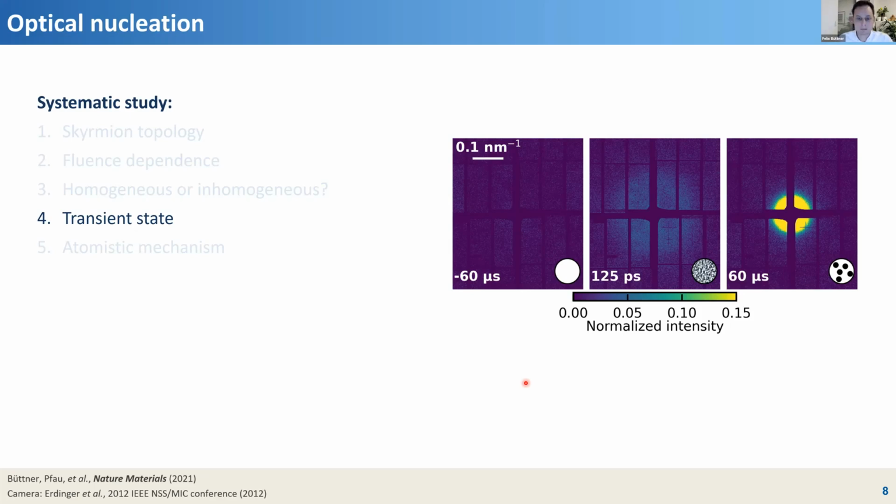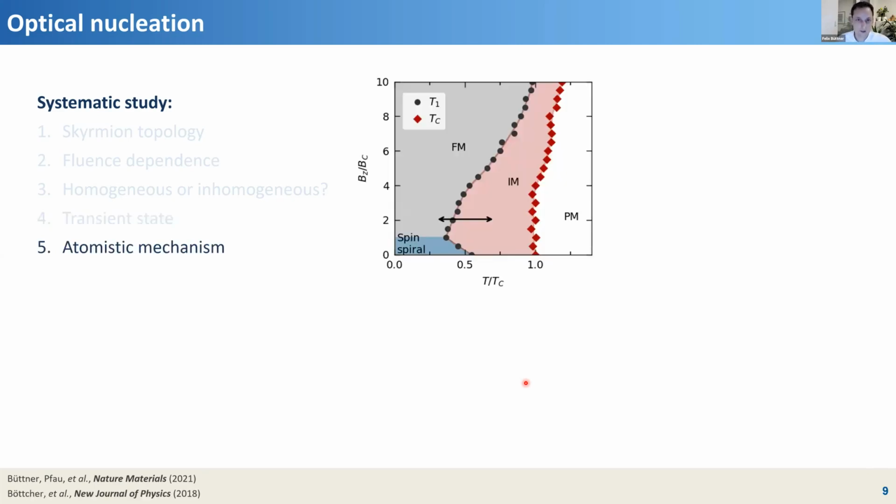Now, how does this transient fluctuation state really relate to the formation of skyrmions? To answer this question, we collaborated with the group of Bertrand Dupé and Rairosinova at the University of Mainz. Even before we started collaborating, they predicted statically, by Monte Carlo simulations, that in interfacial DMI materials, you have, at low temperatures, static magnetic phases.